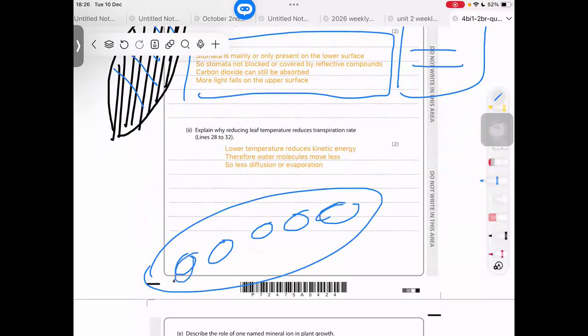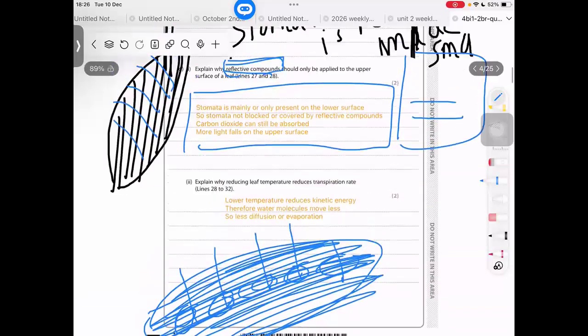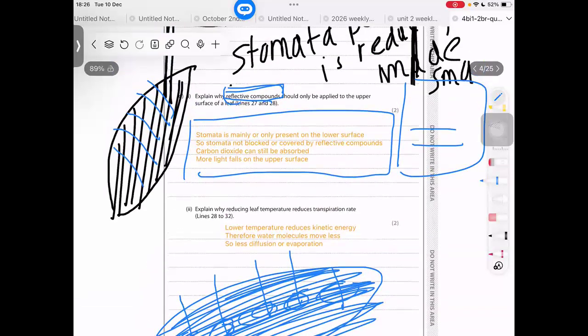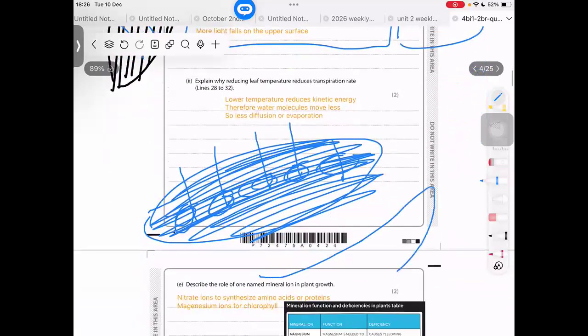You can see on the top of the leaf there are stomata. So you are applying a coating over that, which is reflective compounds. So what happens is gaseous exchange will be blocked, but they're asking why they are only applying it to the upper surface of the leaf and not to the lower surface.